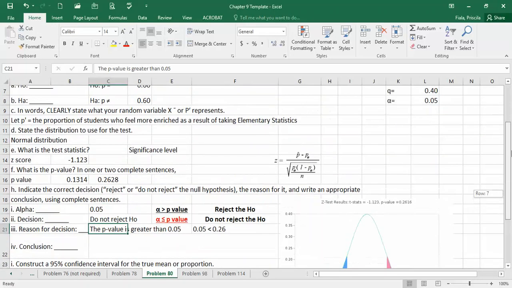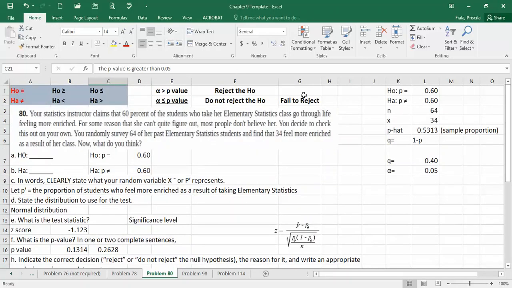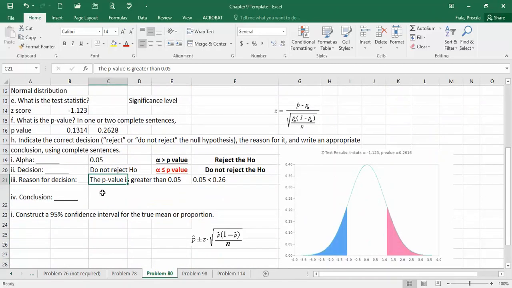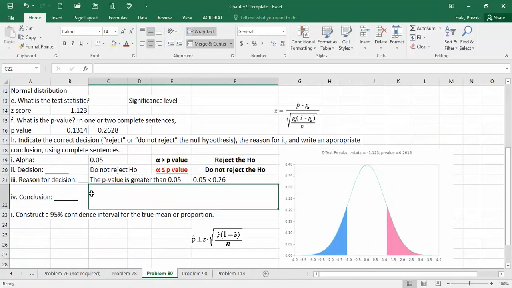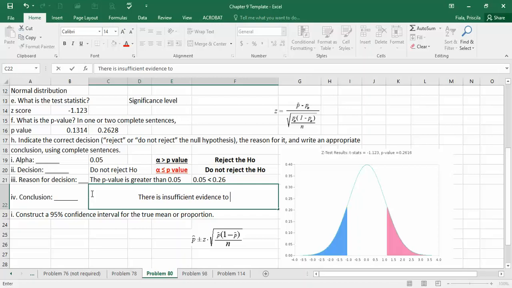Conclusion: if we're not rejecting the null hypothesis, and the null hypothesis is that 60% of the students feel more enriched, we're going to conclude that there is insufficient evidence to conclude that less than 60% of her students feel more enriched.